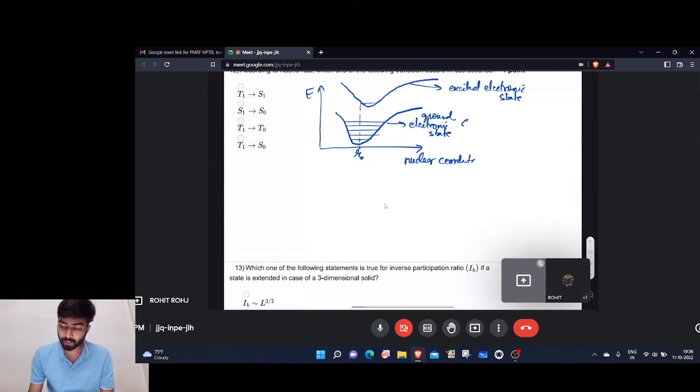Now in the nomenclature this is called S1, and it can be S0 or S1 or S2 or S3, and let's say there are other excited states present as well.